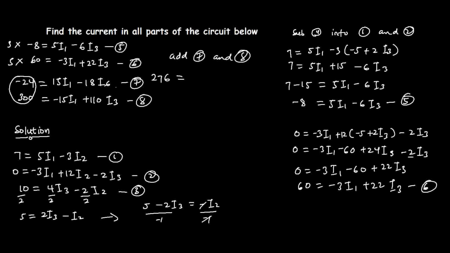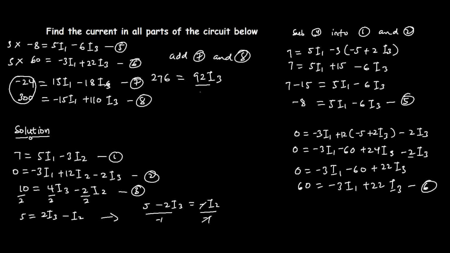This will be equal to 15I1 plus minus 15I1, that will be 0. Then we have minus 18I3 plus 110I3, that gives us 92I3.